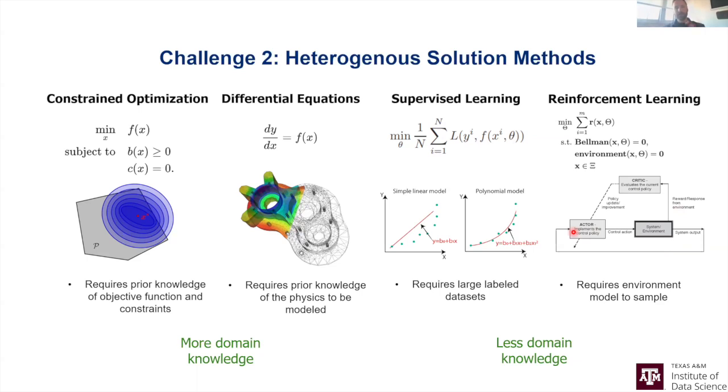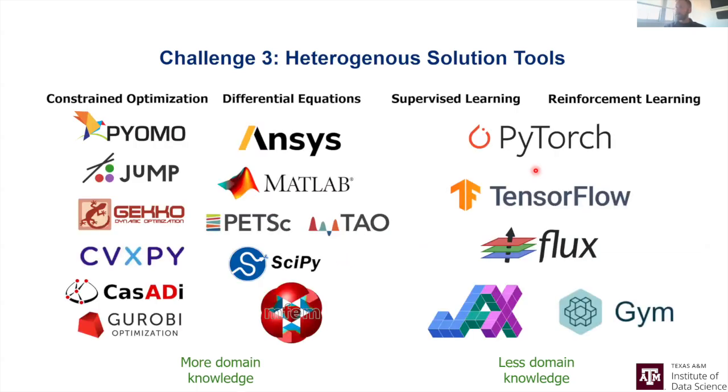But what we see today is more and more interactions. So some physics is being used in learning, and some learning is being used in engineering. But it's not as easy from the engineering perspective, because the historical separation of domains also created the separation of software tools.